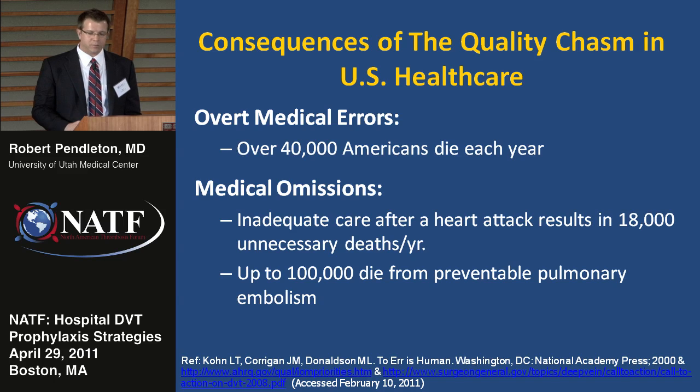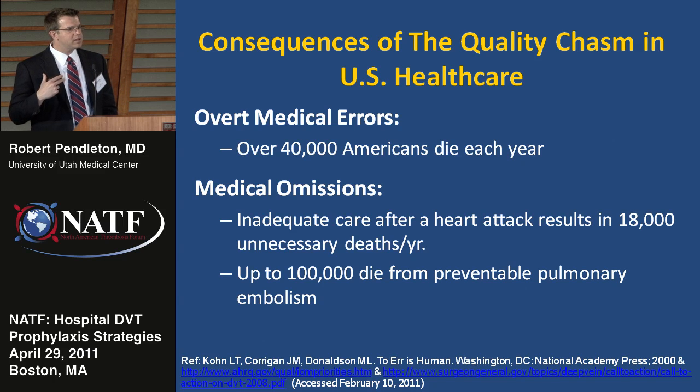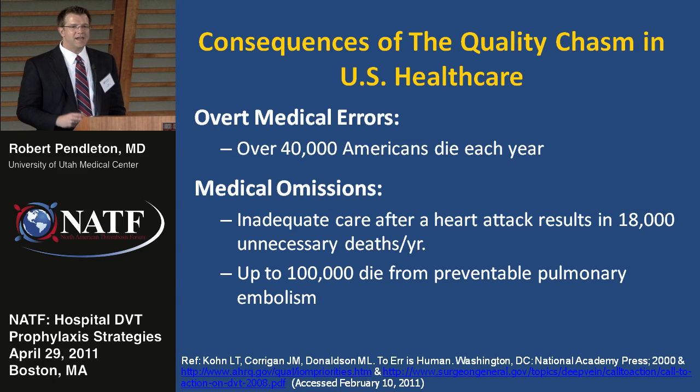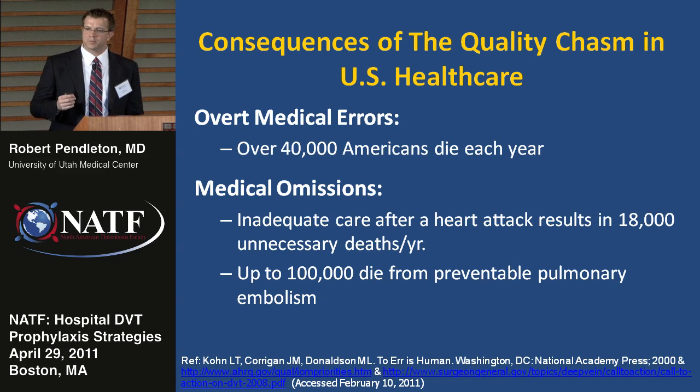A couple of examples. When we make overt medical mistakes in the United States, that leads to between 40 and 98,000 patients dying from overt medical errors in the U.S. every year. But errors of omission are probably equal, if not more culprit.